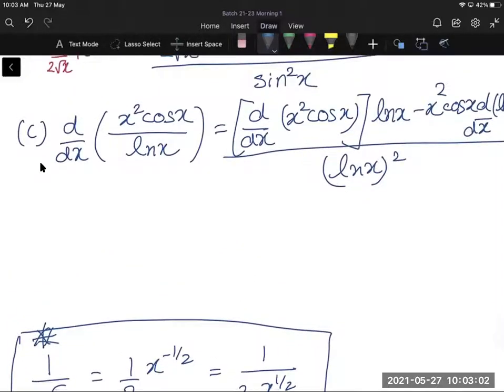Okay, so this would be equal to, now I have to use the product rule here, right? I have to use the product rule here.